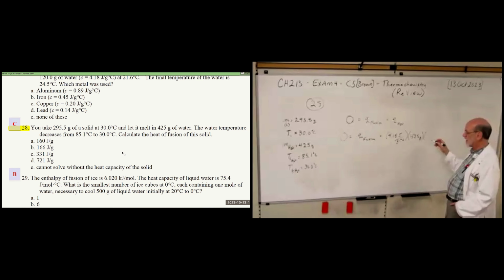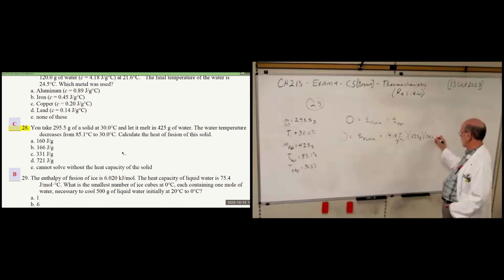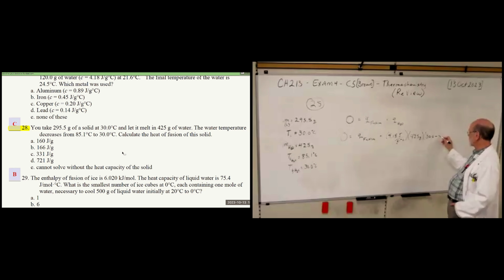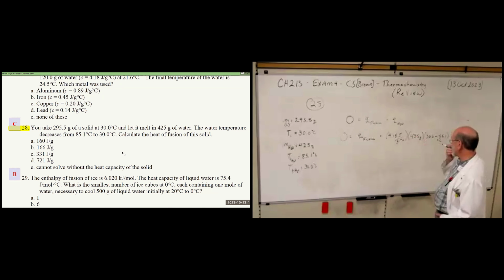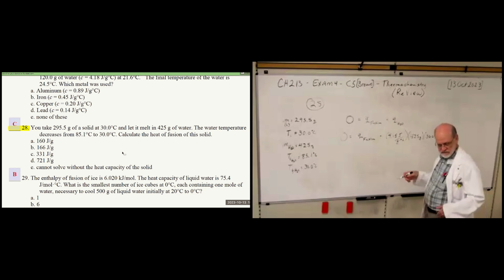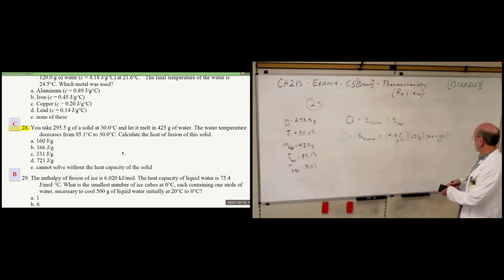The water's final temperature is 30, and its initial temperature was 85.1 degrees C. So now we just have to solve this one. 30 minus 85.1 times 425 times 4.18.